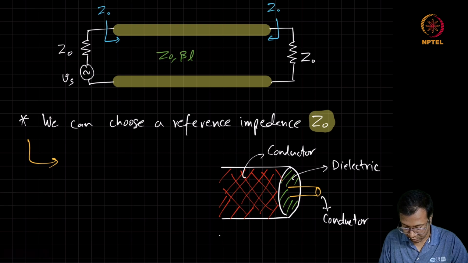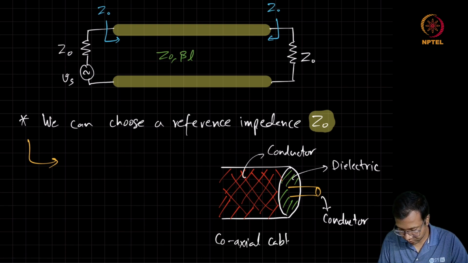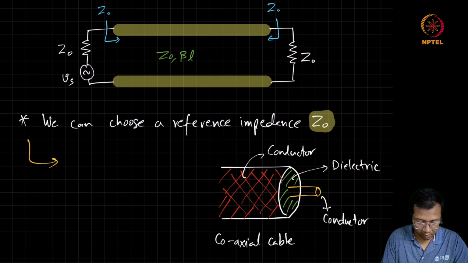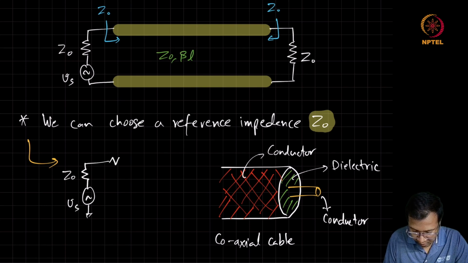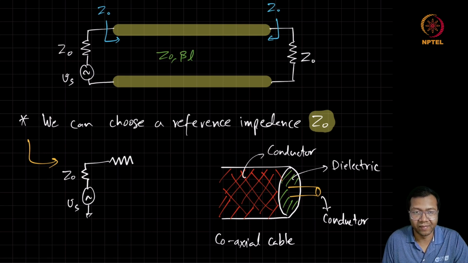The idea is, let's say we choose Z0 to be very high. For the time being, I'm just assuming there is a small resistance, R loss, in the wire which is connecting the source to a load, which is also at Z0 value.